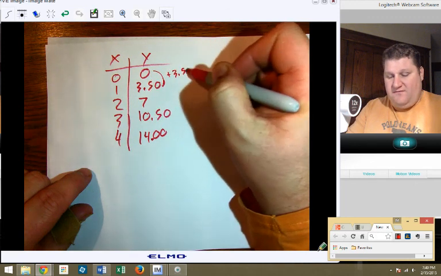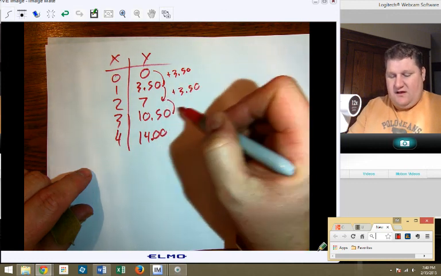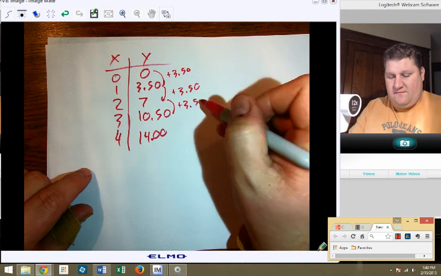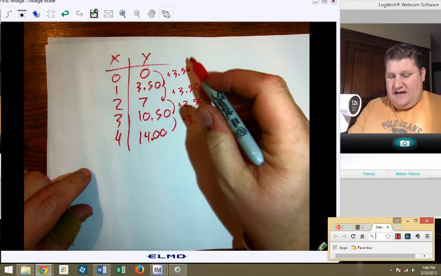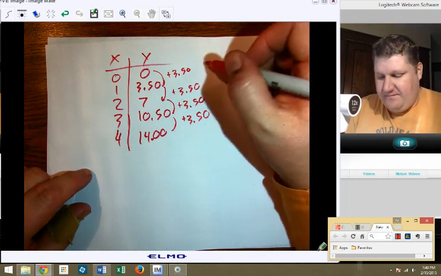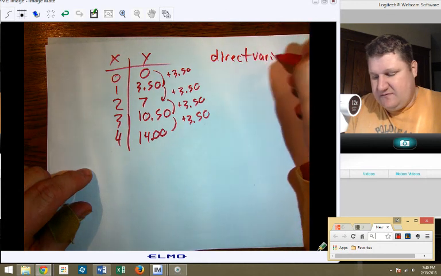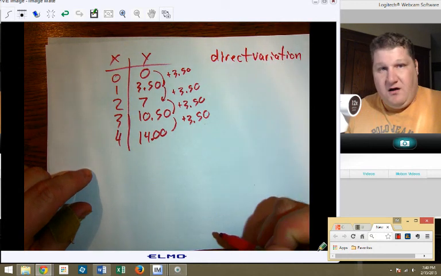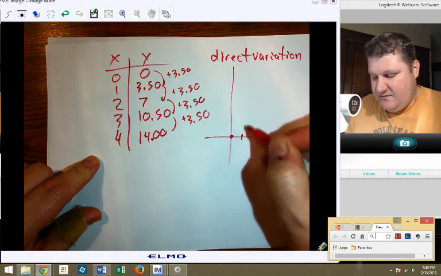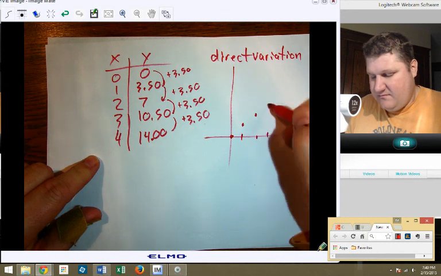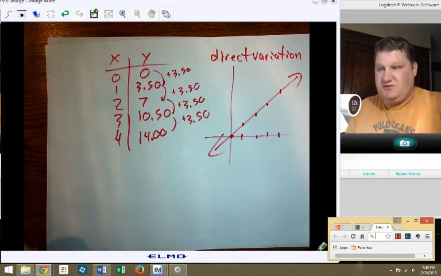I went up by 350. How did I get from here to here? I went up by 350. Here to here, I went up by 350. So in this case, is everything remaining constant, and is it the same amount every time? If it is, it's going to be direct variation. The other way to check it is, of course, graph it. If this is what your graph looks like, direct variation.